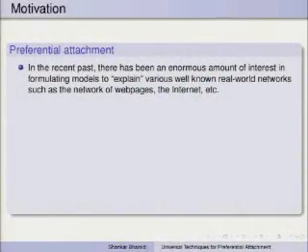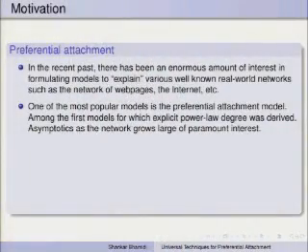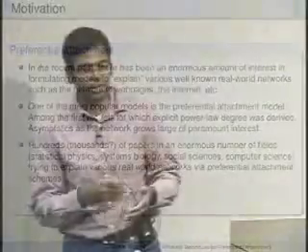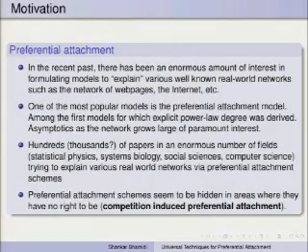So what is the basic motivation? In the recent past, there have been a lot of models of preferential attachment to model various real-world networks like the internet, web pages, and so on. One of the most popular models is preferential attachment, with various schemes of preferential attachment. There are hundreds, if not thousands, of papers in a very large number of fields: systems biology, computer science, statistical physics, trying to explain various real-world networks using these preferential attachment schemes.